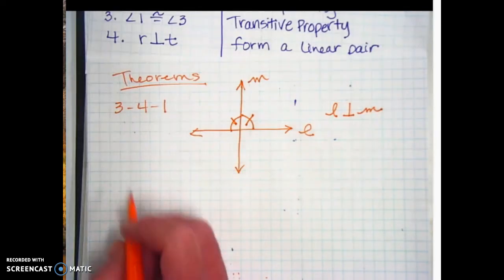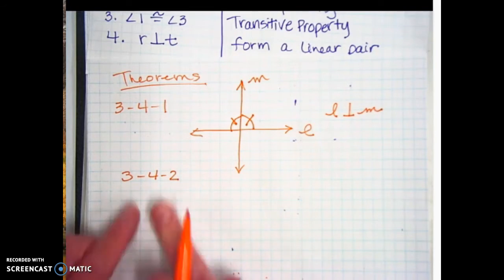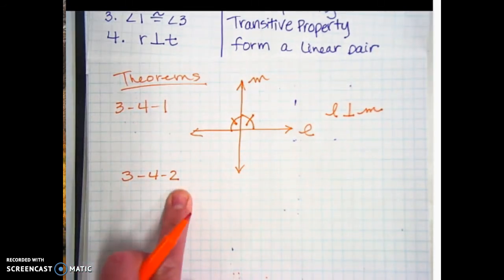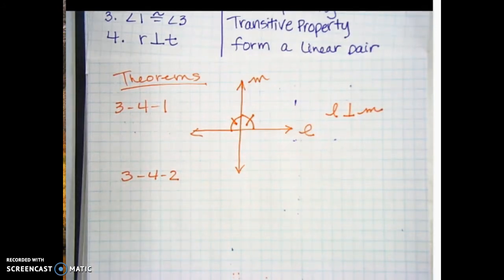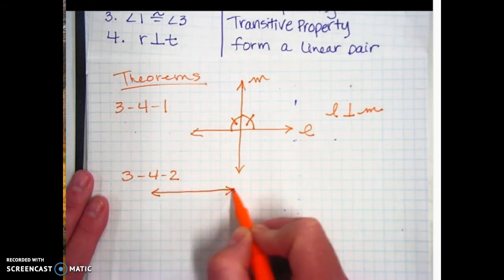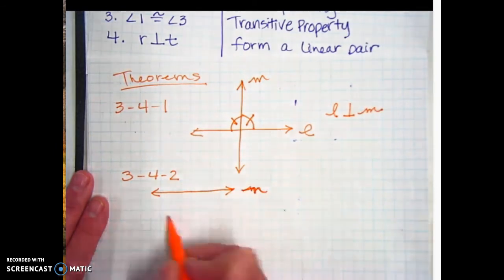The next theorem is numbered 3-4-2. So this is Chapter 3, Section 4, the second theorem, and it's called the perpendicular transversal theorem. In a plane, if a transversal is perpendicular to one of 2 parallel lines, then it is perpendicular to the other line. So if we have 2 lines, we'll call this line N. I wrote M, sorry.